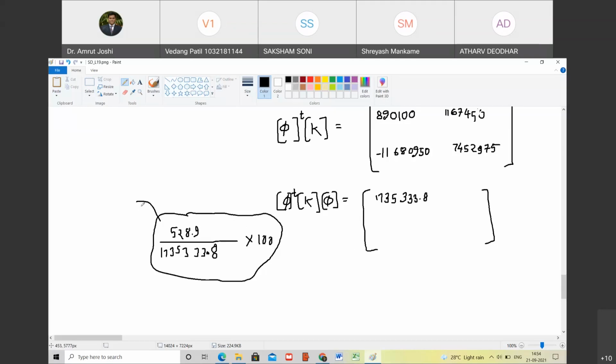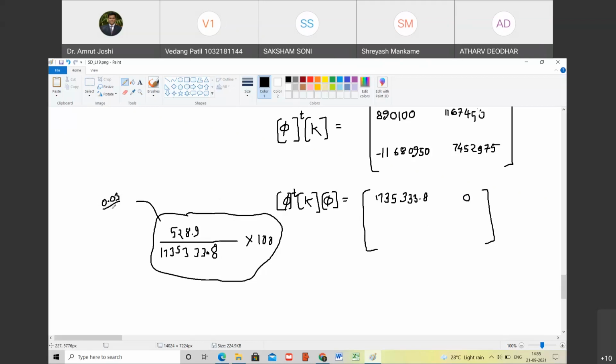Sir, it is 0.03047, even after multiplying by 100. So that means this value is 0.03% of this value. So can we safely say it is negligible?